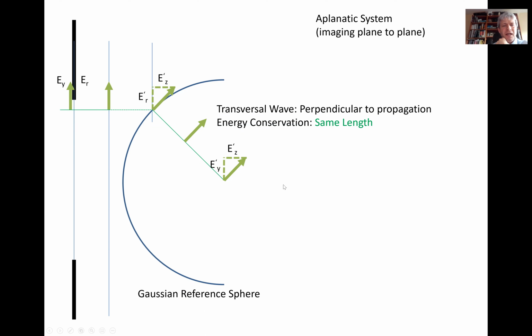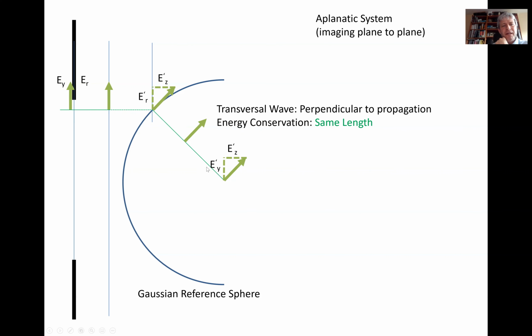So this would be the optical axis going to the right. And what happens then is that an electric field that is, for example, polarized here in the Y direction, when it hits a place that is called the Gaussian reference sphere, since we are simulating what is called an aplanatic system, then this ray has to bend and go towards the focus here.